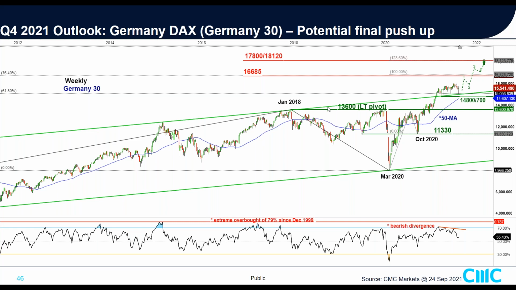This is a bullish breakout from this kind of major swing high area previously. So definitely this will be the key pivotal support level long term to maintain this potential residual final push up towards 16,680, then 17,800, followed by 18,120.